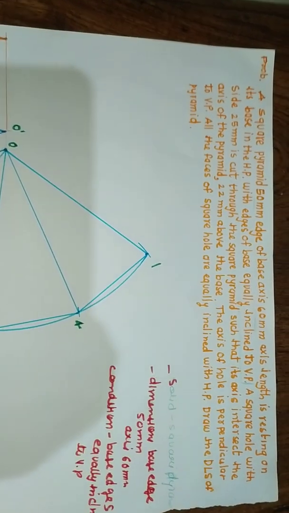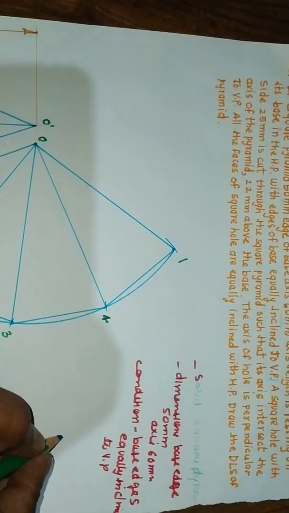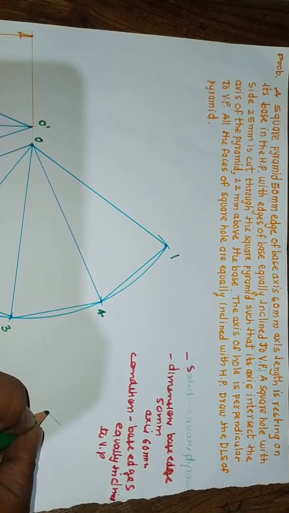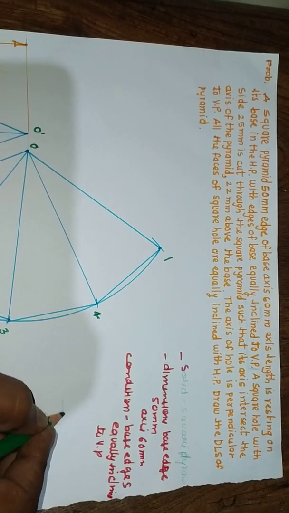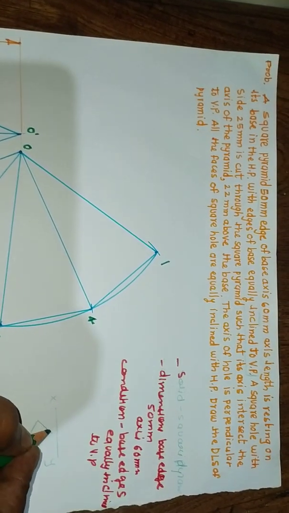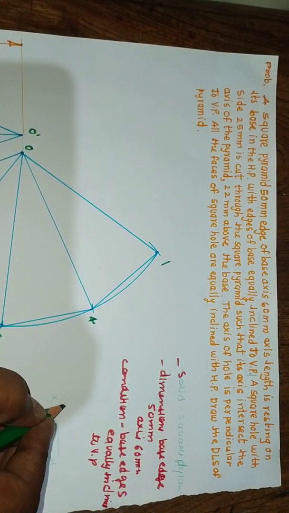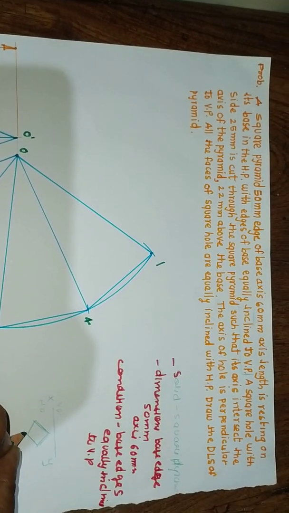Now from this condition, we can first draw it resting on its base. So the top view will be in this fashion. This is our XY line. The base edges nearer to VP, this is the VP, this is the HP, are equally inclined at 45 degrees.